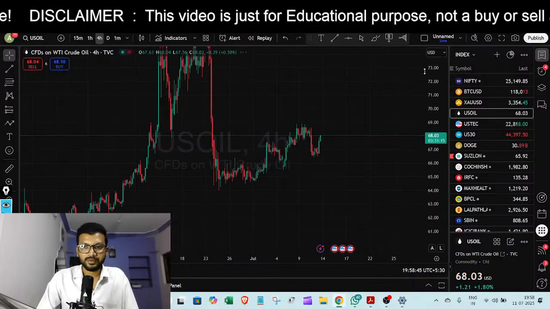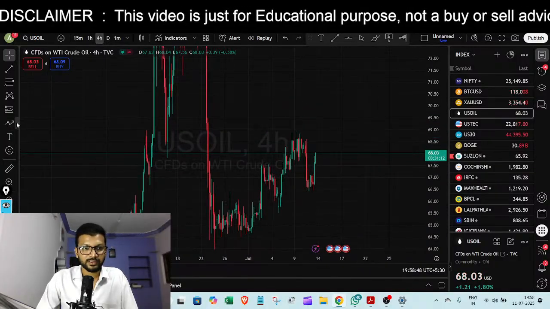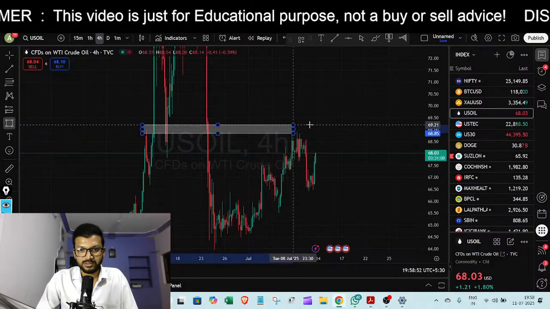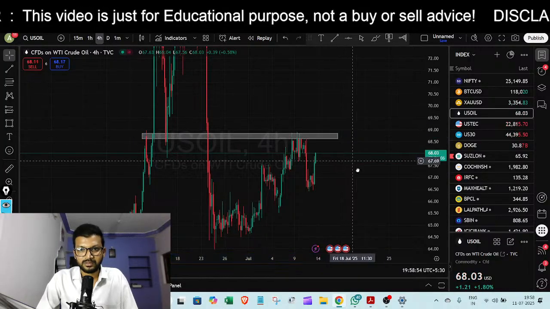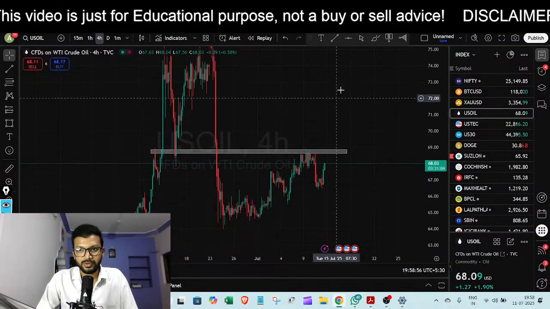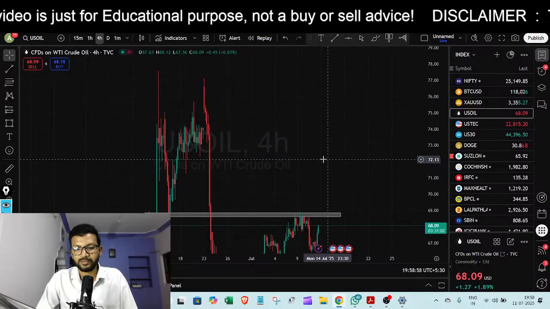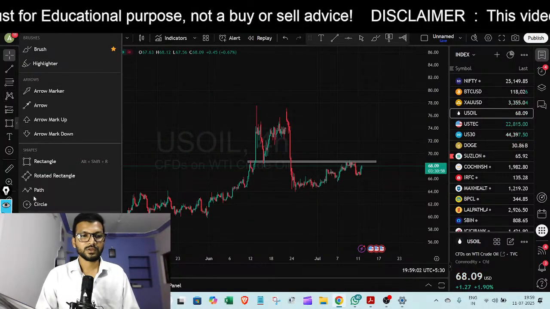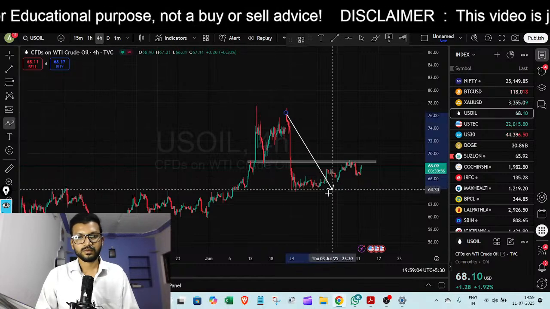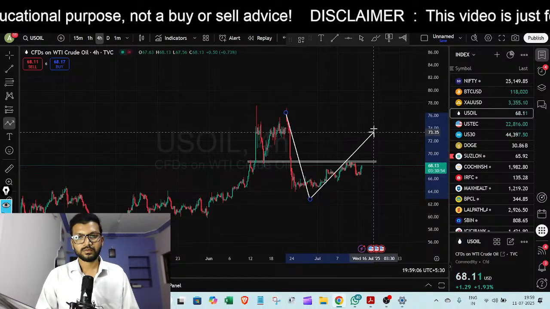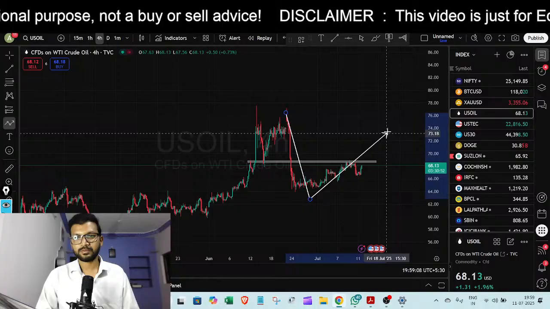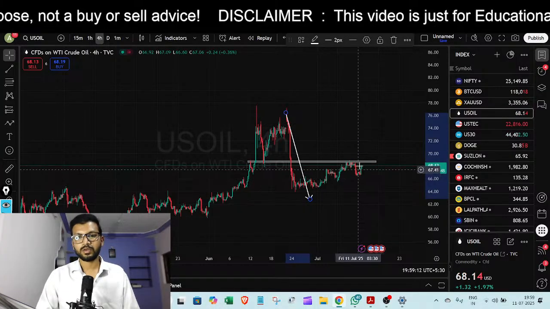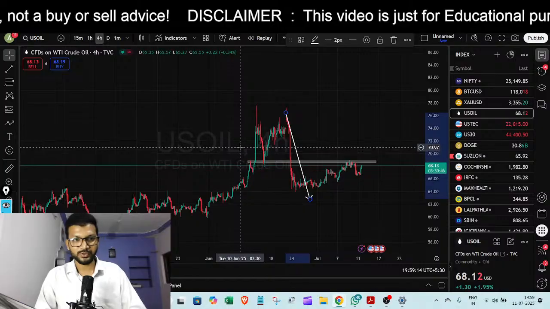If this 78.5 level breaks in XAUUSD, this is our strong resistance. Once this level breaks, we can expect 70, 72, 73 until 74. That we call a V-shaped recovery. It might slowly come to this same resistance level, but this resistance must break in US oil.